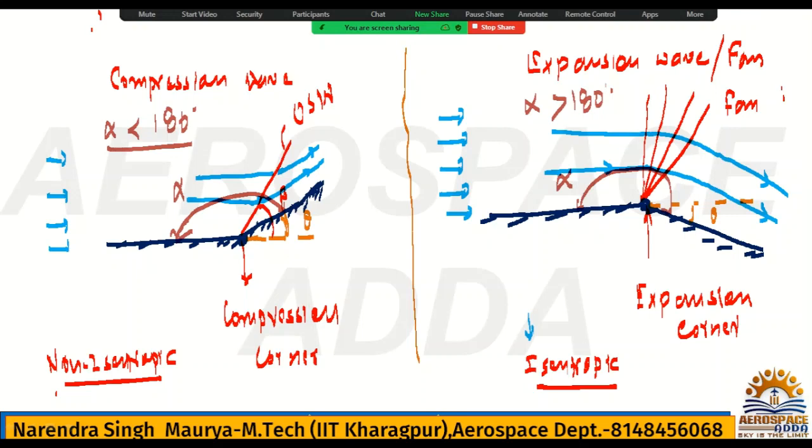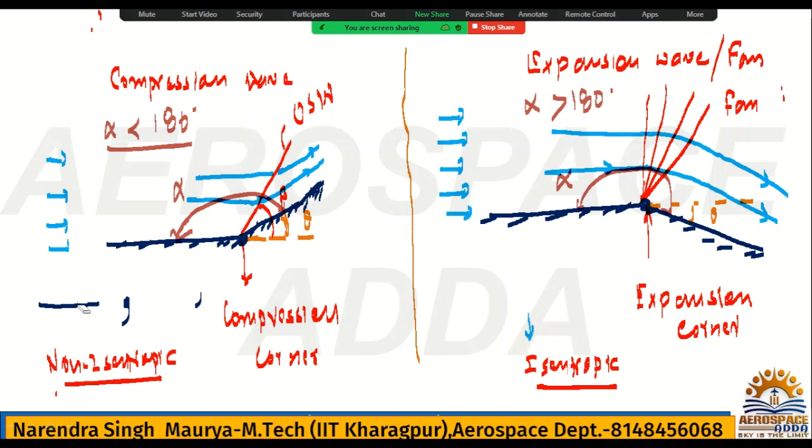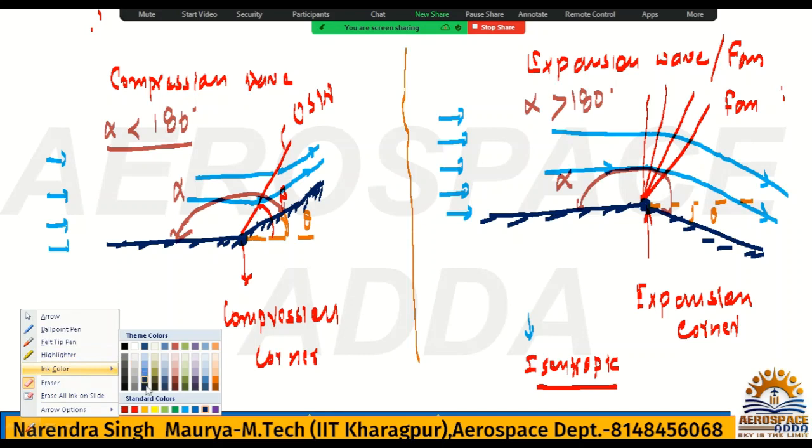So for that, angle wise I have explained. Now why is it called a compression corner? You just think that the flow is coming straight, and it will try to go straight again. This coming flow is coming straight, and it should try to go straight only. But because of this corner here, that flow is tilted. I will write here only, then it will be clear, because this terminology should be very clear: why it is called compression and why it is called expansion.